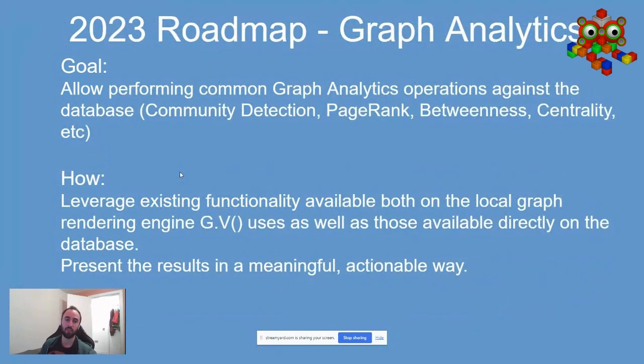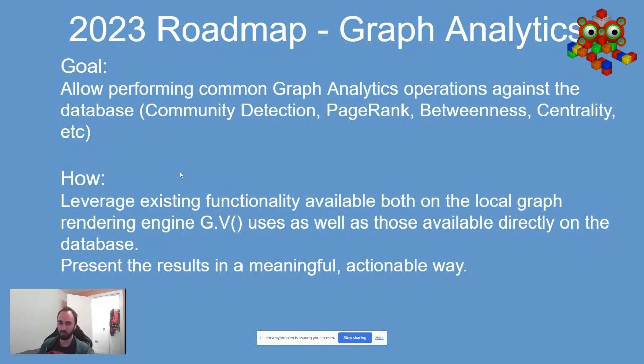Now, the other one that we're thinking of having, and would like to have soon, in fact, is some more graph analytics functionality on G.V. So basically, there's a number of features in the Apache TinkerPop framework that allow you to perform relatively complex graph analytics operations, and they're not always the easiest to harness.